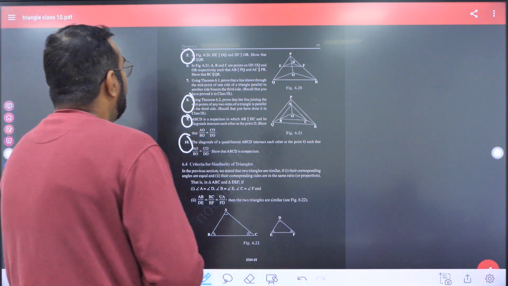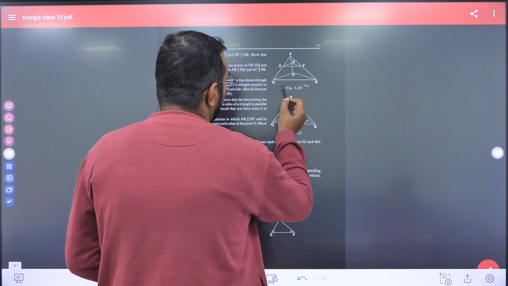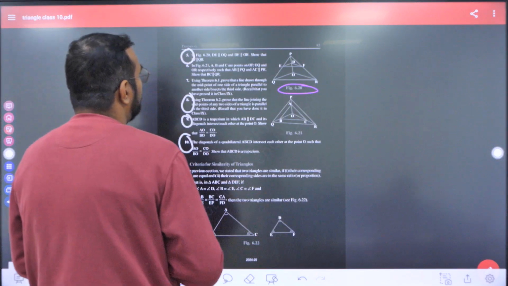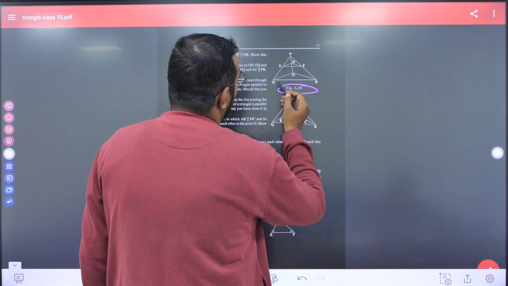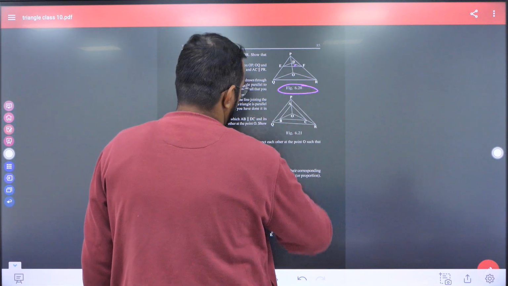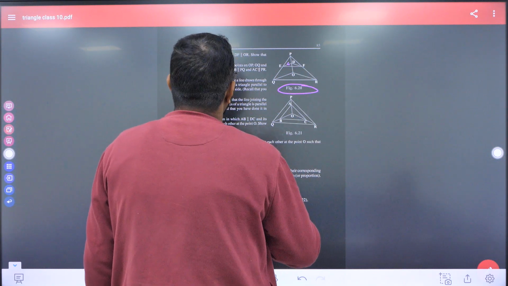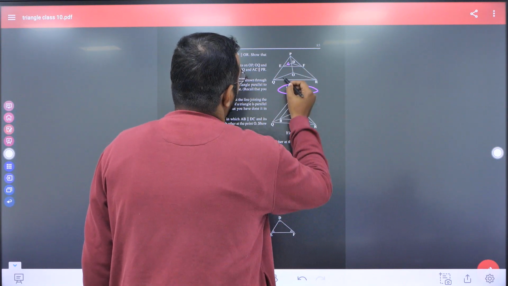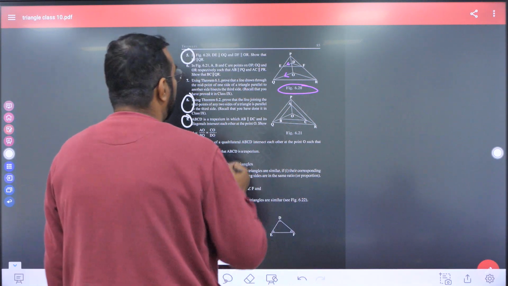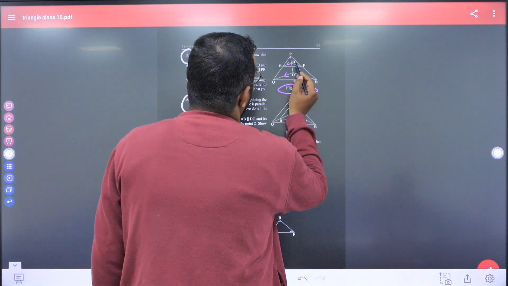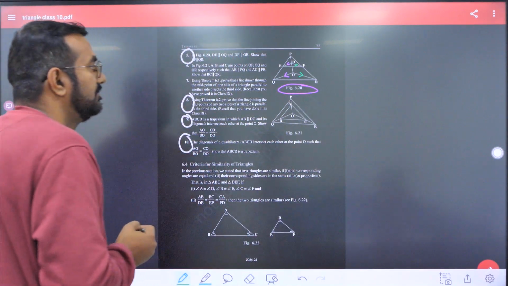In question number 5, it is given that in figure 6.20, DE is parallel to OQ, meaning this line, DE is parallel to OQ, this line, and DF is parallel to OR. It is given.